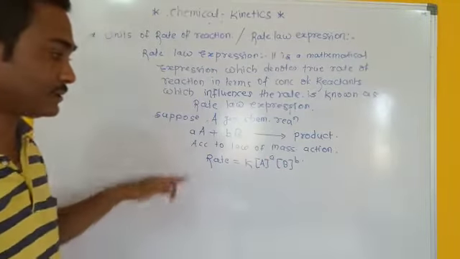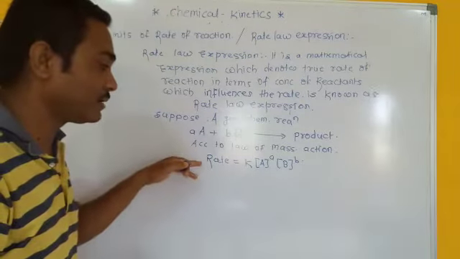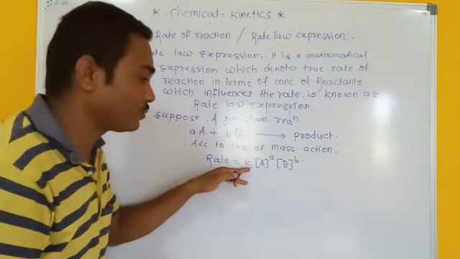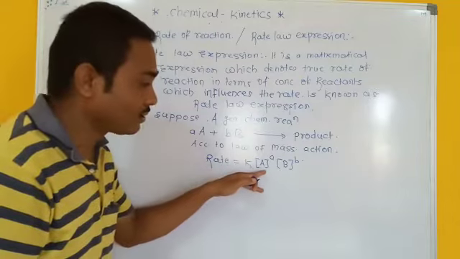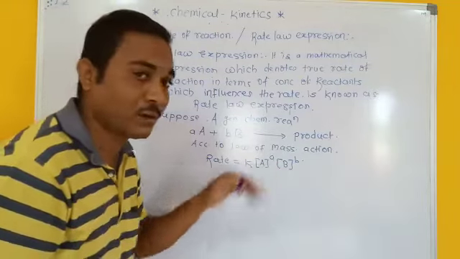According to the law of mass action, the rate is equal to k, a constant, times the concentration of A raised to power a and the concentration of B raised to power b.